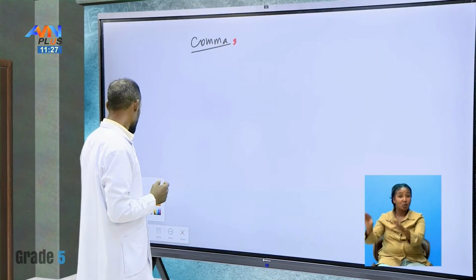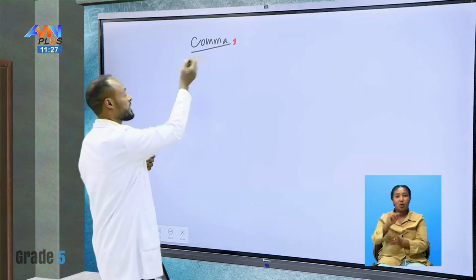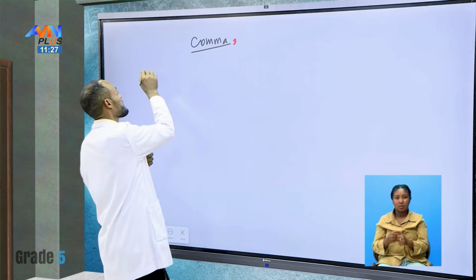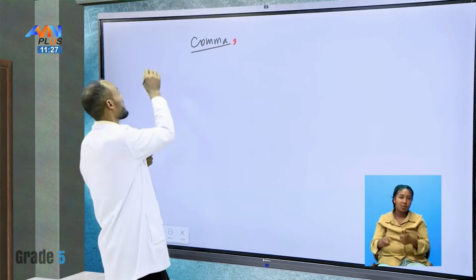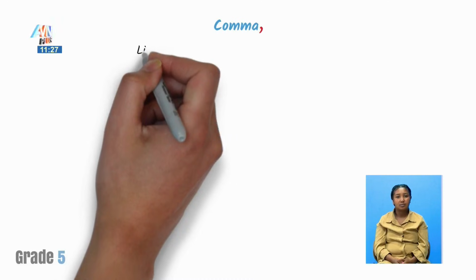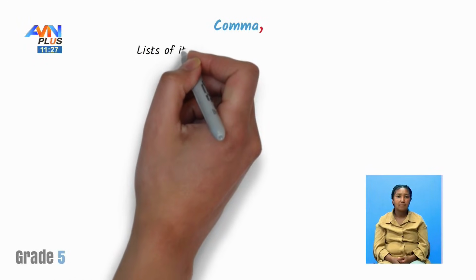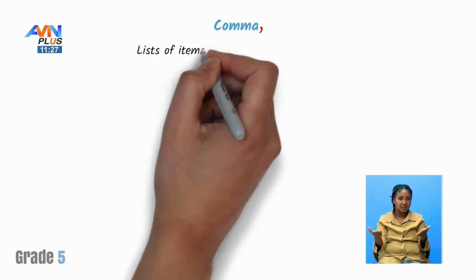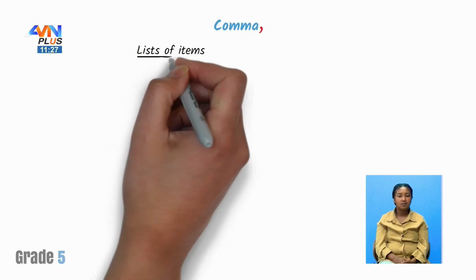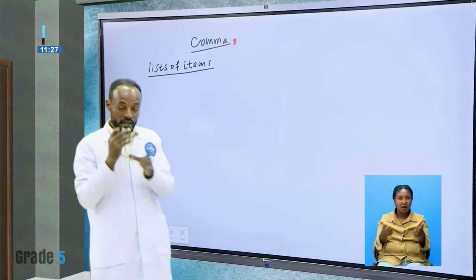Students, here we use comma, one, to identify lists of items. To identify a list of items.